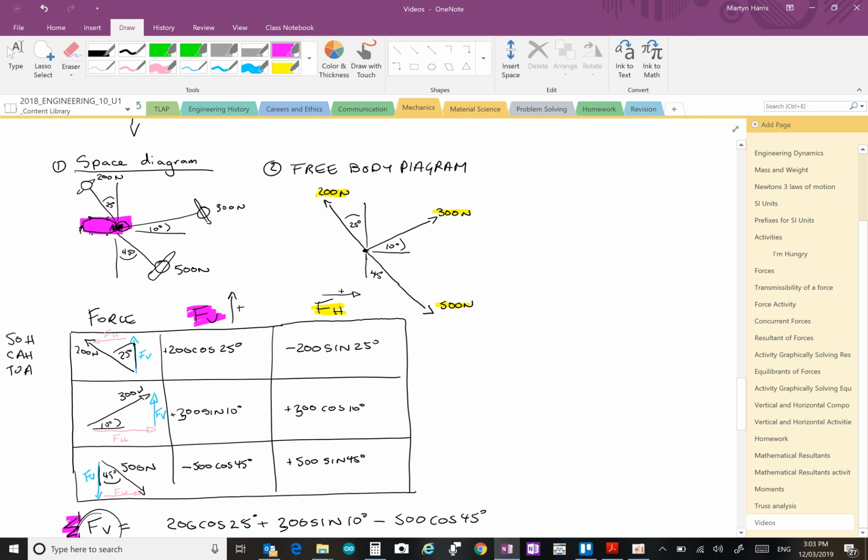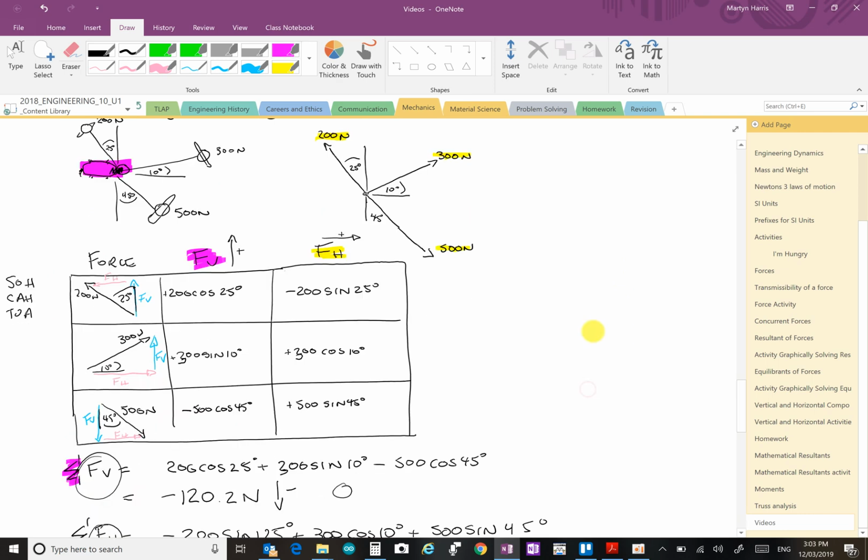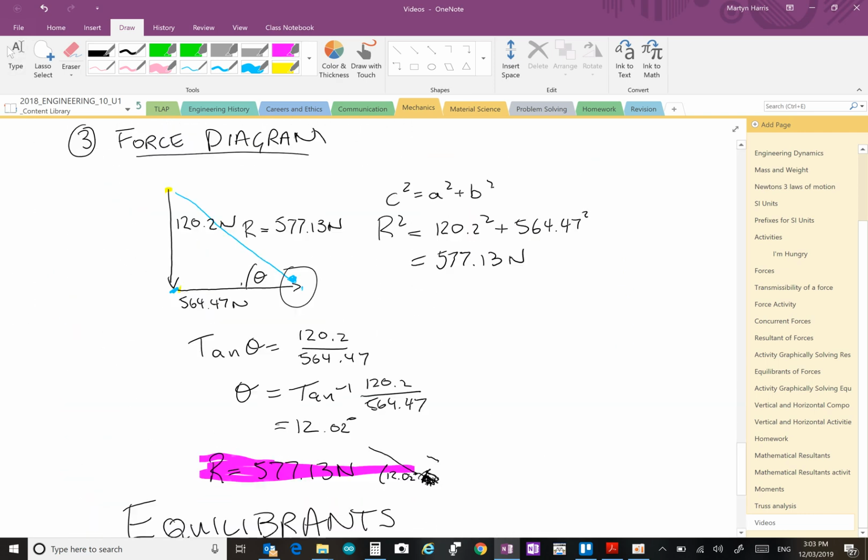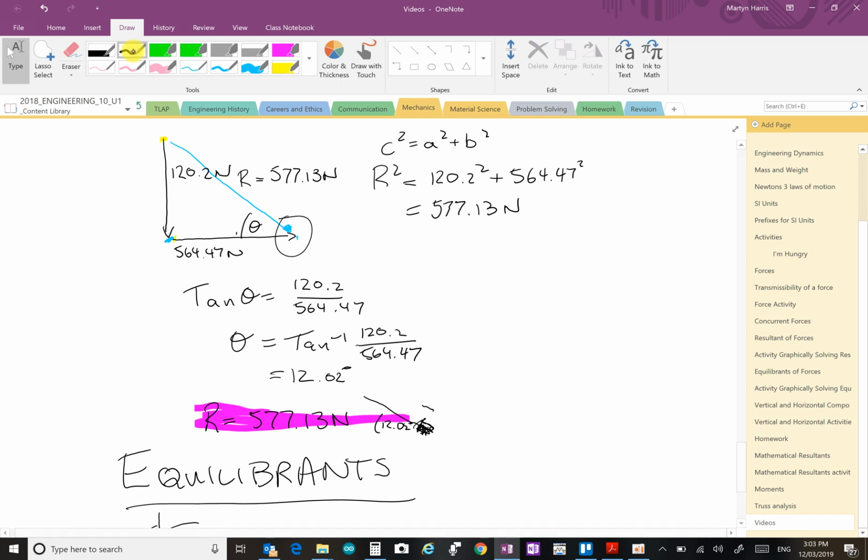So he's going to be exhibiting an equilibrant force for that not to move. And it's the exact opposite to the resultant force. So we could write that the equilibrant equals 577.13 newtons, but working in that opposite direction, still at 12 degrees.